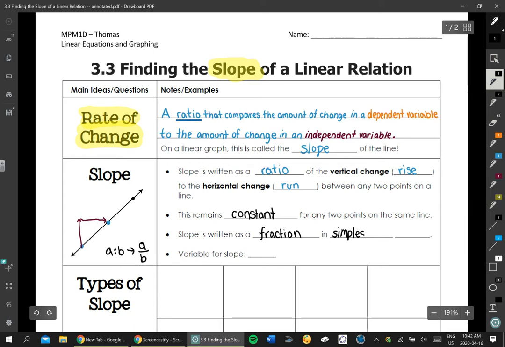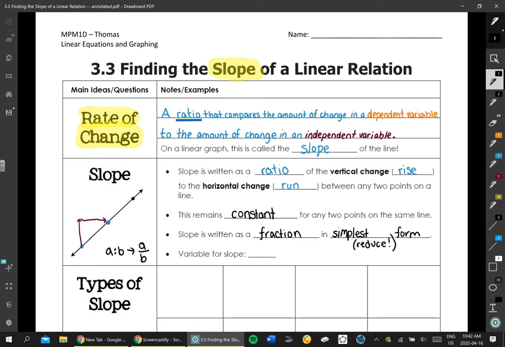What do I mean by simplest form? Well, that means you need to reduce your fraction to the lowest possible terms.